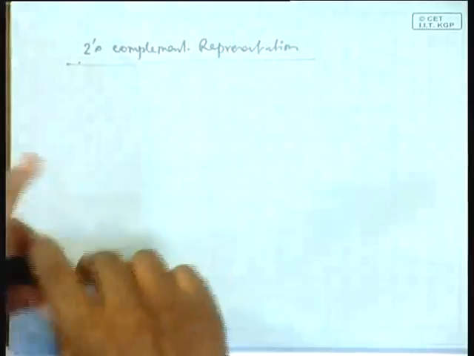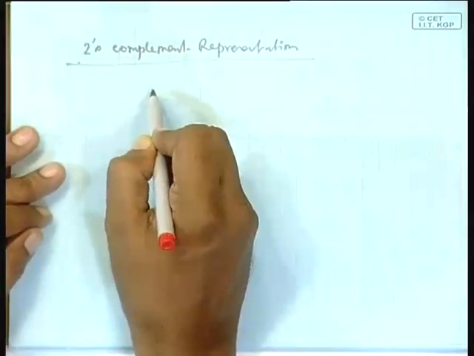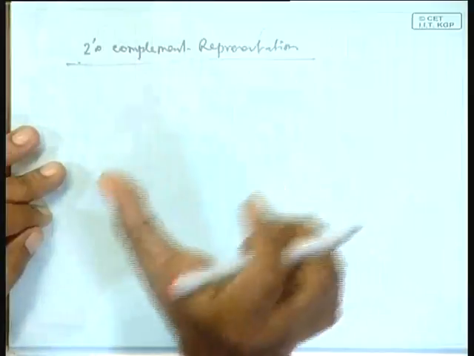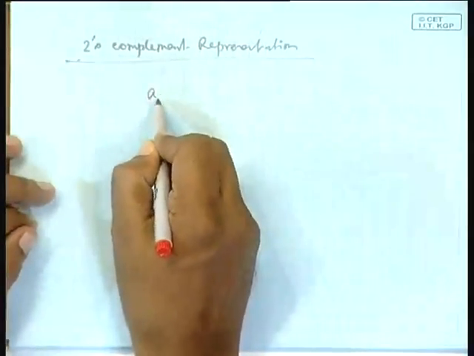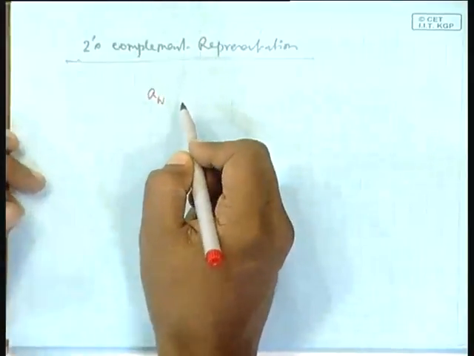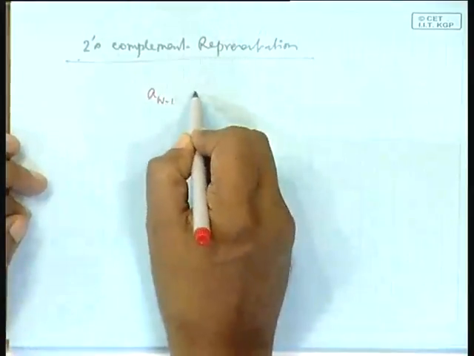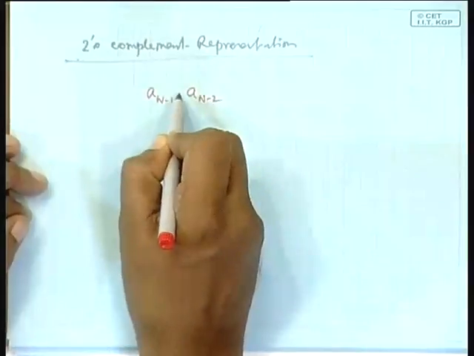The particular format that we are taking here is that you will be given a W-bit number, that is length W. These are the bits A0 to A(W-1). Here you assume a binary point.